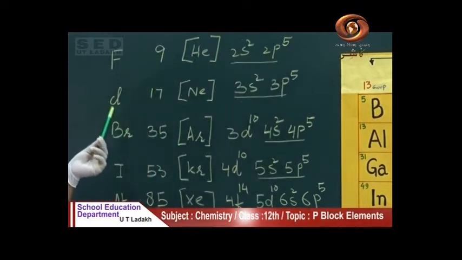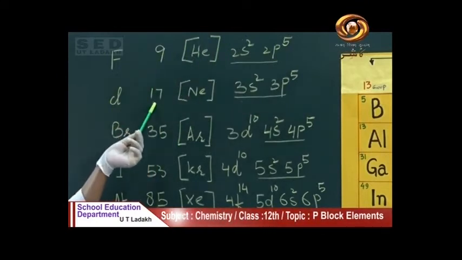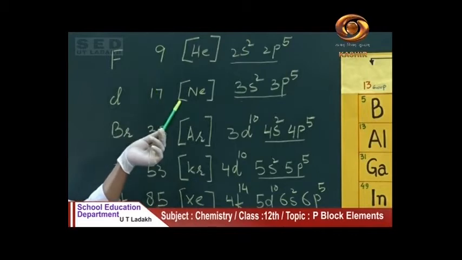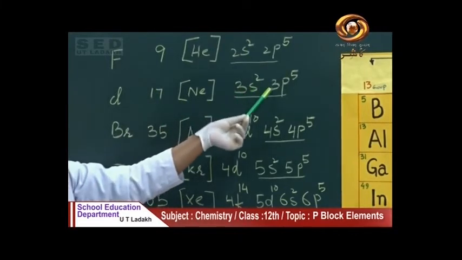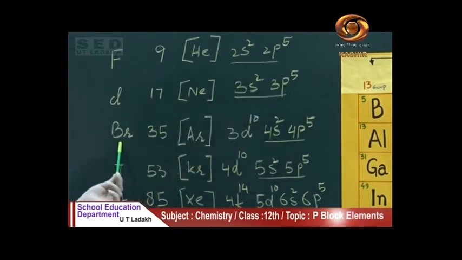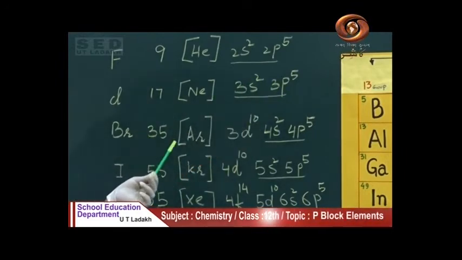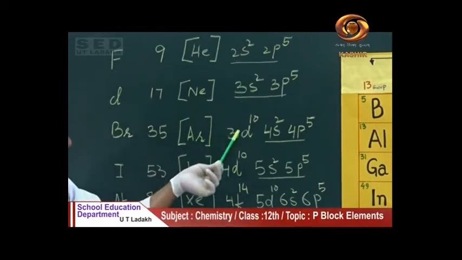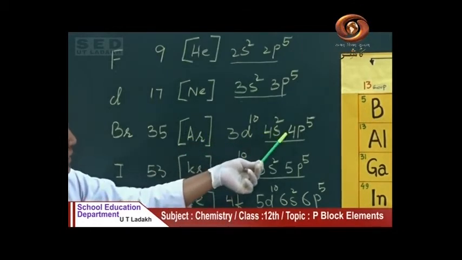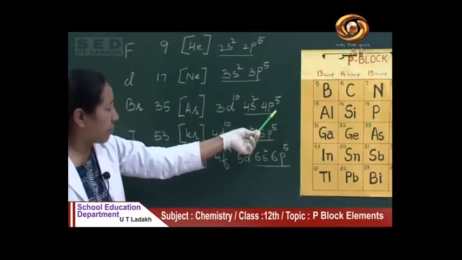Another halogen, chlorine, has atomic number 17, and it is represented as neon 3s2 3p5. Bromine is 35, argon 3d10 4s2 4p5.